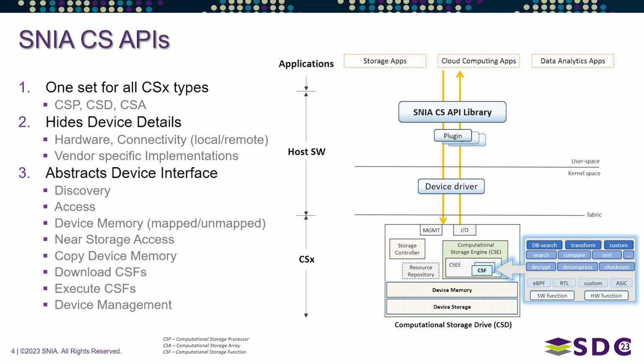By doing so, you can abstract how the device is discovered, how the device can be accessed once it's discovered, and how the device's memory is structured, whether it is mapped device memory, that is, visible in the host address space, or unmapped, like we previously touched on in the NVMe session, where that SLM is not visible in host address space. And then take the benefit of P2P, the near storage access, and copy from that device memory to host memory.